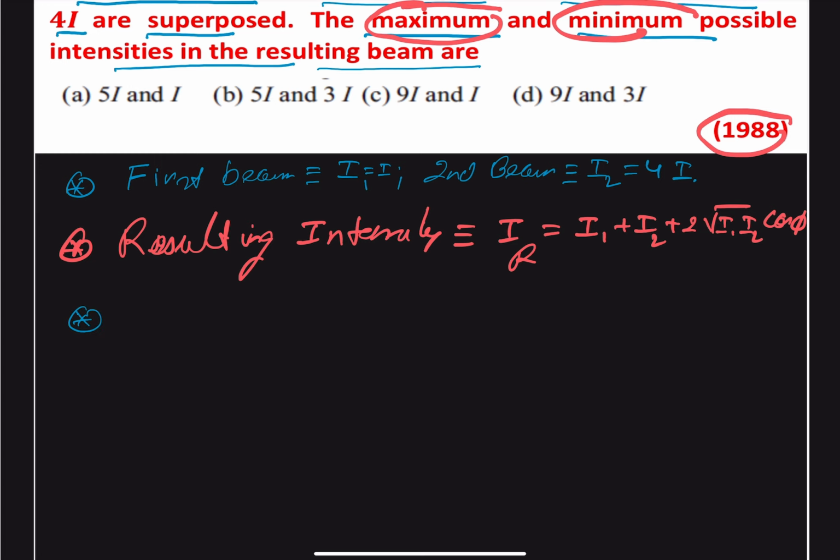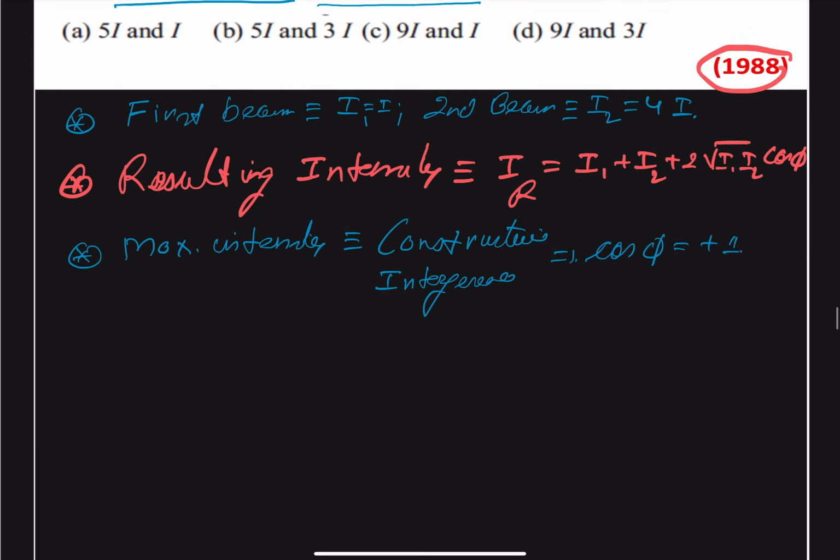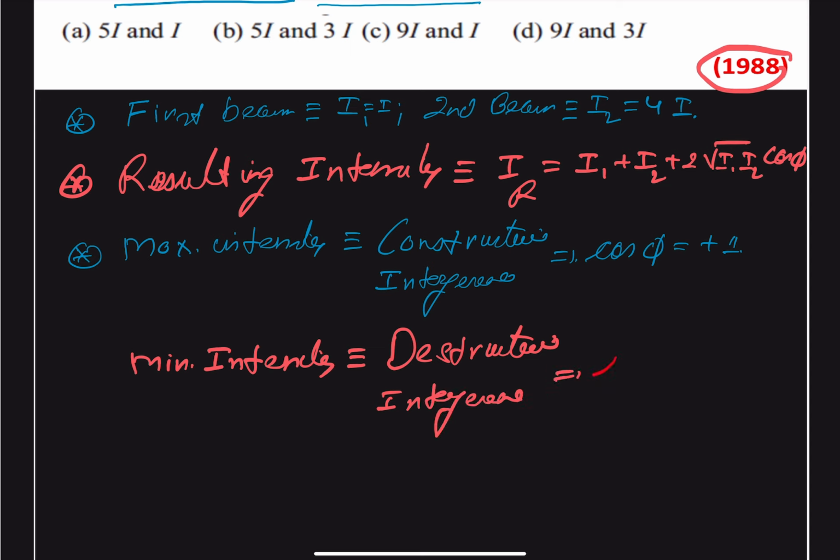So for max intensity, which is constructive interference, cos of phi should be equal to plus 1, and for minimum intensity, which means destructive interference, cos of phi is equal to minus 1.